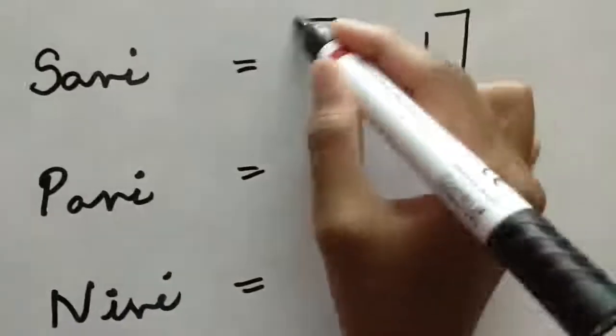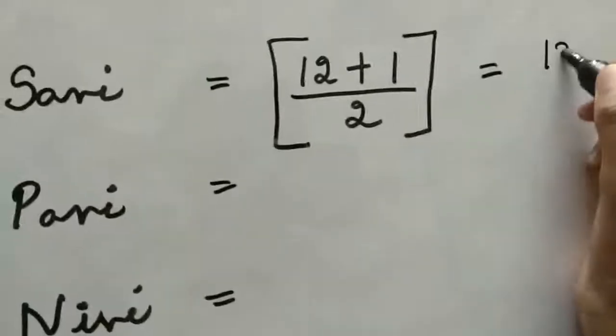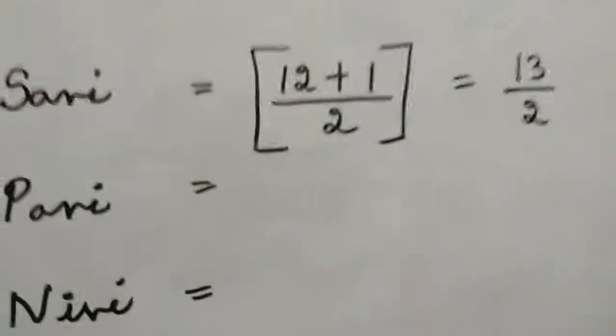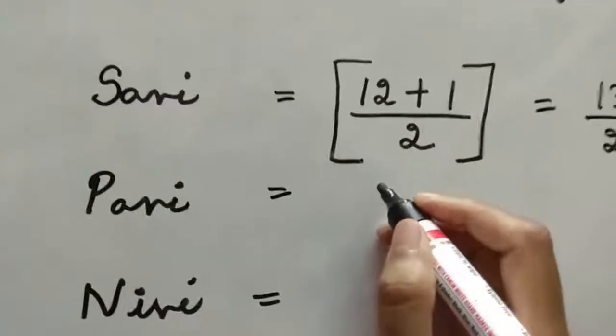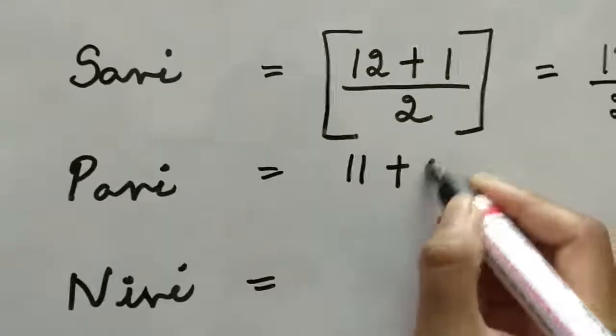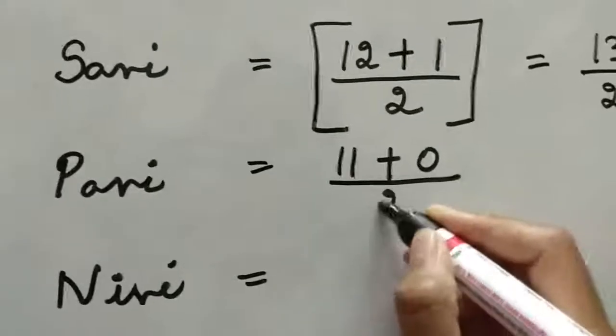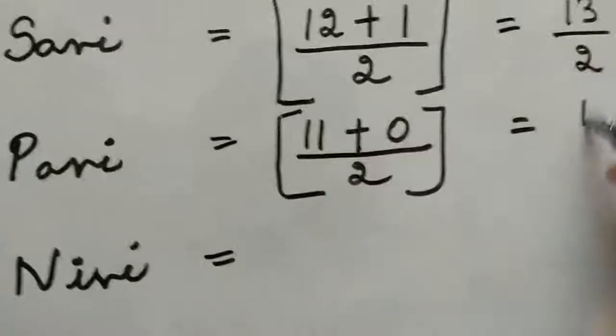So longest is 12 plus shortest is 1. So it is 13 by 2. Next, moving on to Pavi. Pavi is withdrawn at the end of each month. So end in the sense 11 plus 0 divided by 2. So it is going to be 11 by 2.